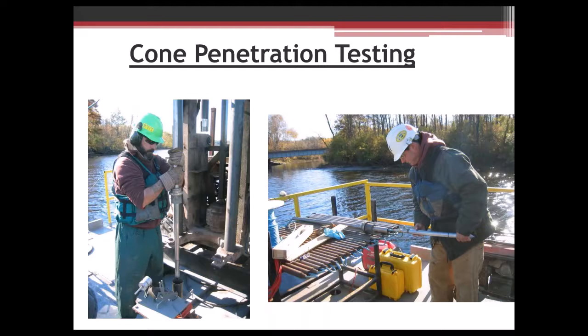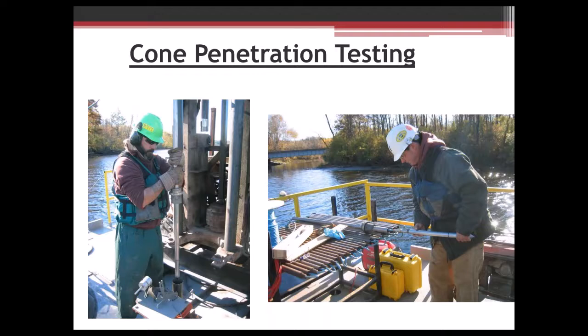And that's partially to protect the rods and give it some strength in case they start to flex. We don't want to break them. That cone, in the picture on the right that Aaron's holding, is somewhere between $5,000 and $6,000. So generally, we try not to lose those down the hole.